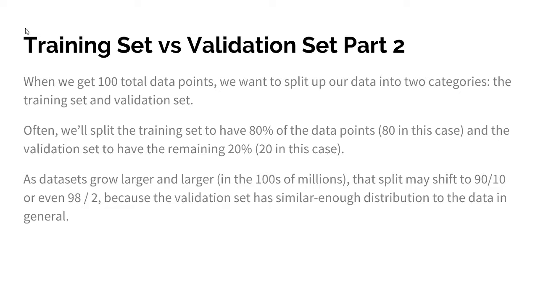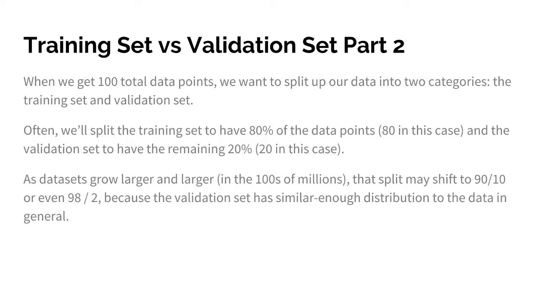Before I show you why, let's just go into a brief example. How much do we usually put into the training set and validation set? Let's say we have 100 total data points. Often, if we have just a smallish or normal sized amount of data, we'll split the training set to have 80% of the data points, so 80 in this case, and the validation set to have the remaining 20%.